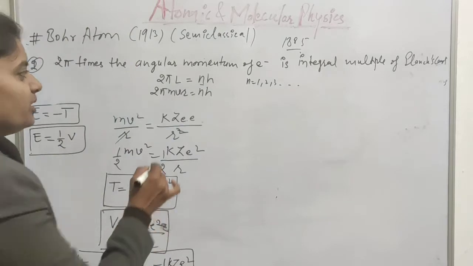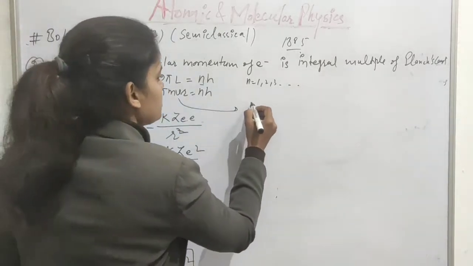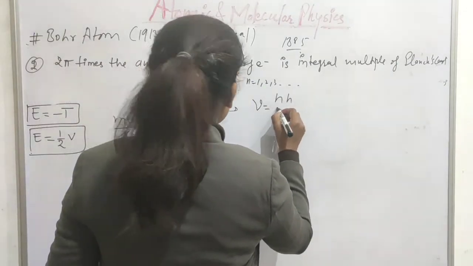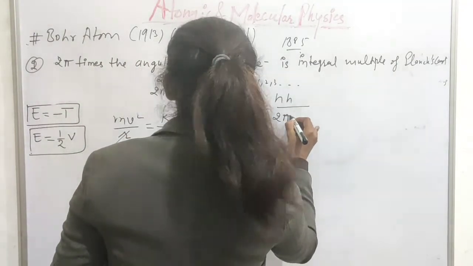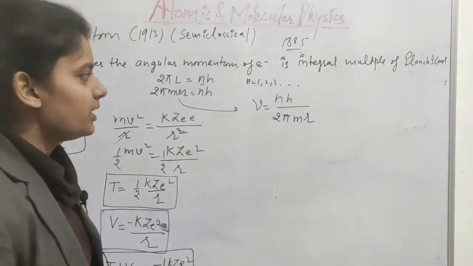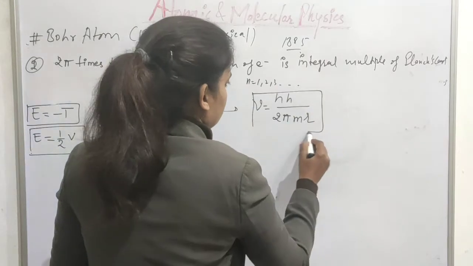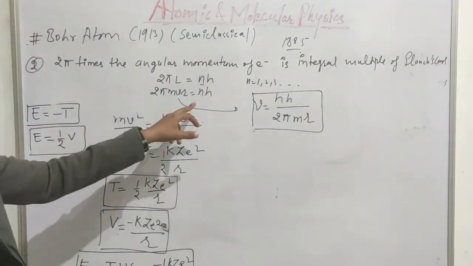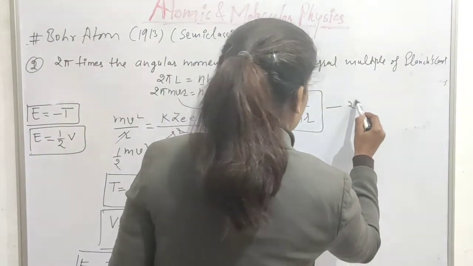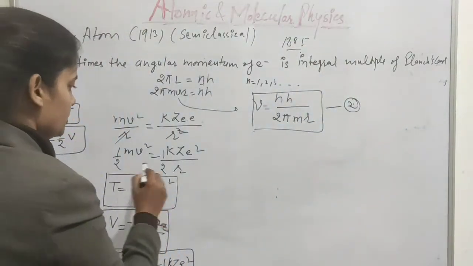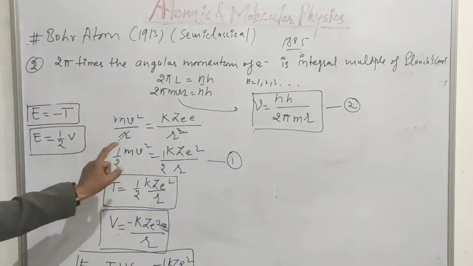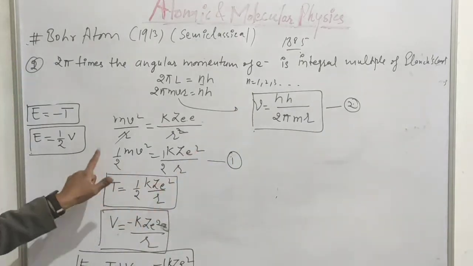So from here we will find the value of velocity v. v is equal to nh over 2 pi mr. Now substituting equation 2 in equation 1, what we will get? Let us substitute the value of v in this equation.